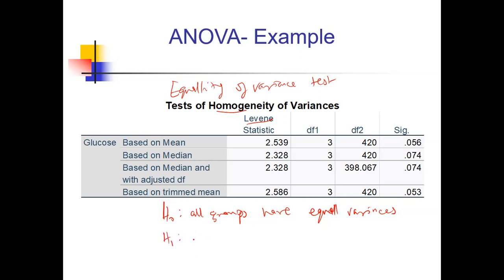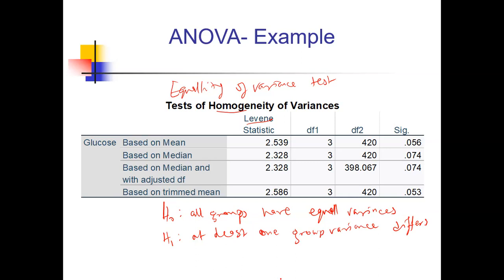The alternative hypothesis is that at least one group's variance differs. So if only one group has a variance or spread that is different from the others, Levene's test will fail.